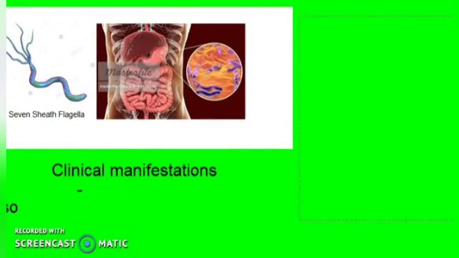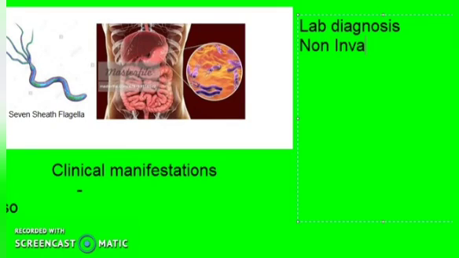H. pylori lab diagnosis. What we learned so far: non-invasive and invasive. Non-invasive, we saw that we will give the person some urea drink which has carbon-13, which is non-radioactive.